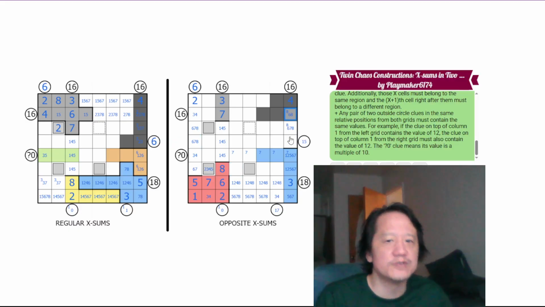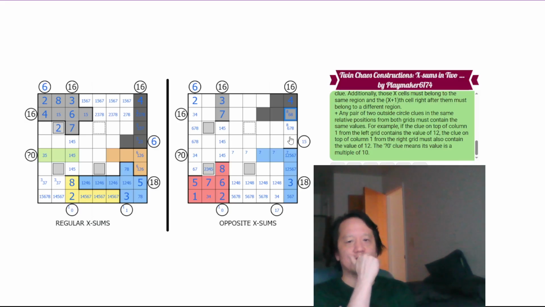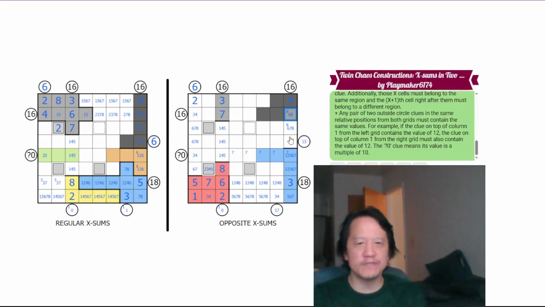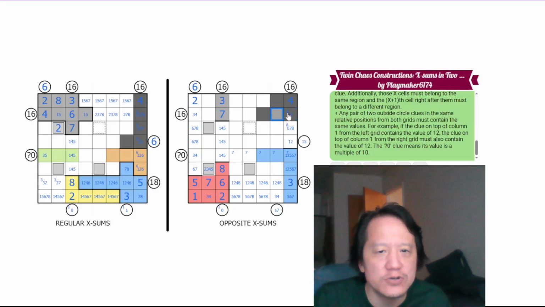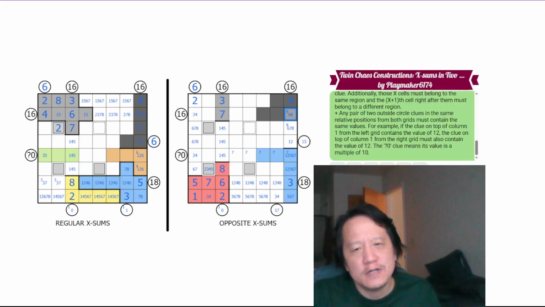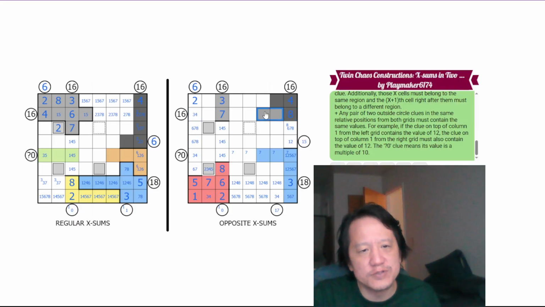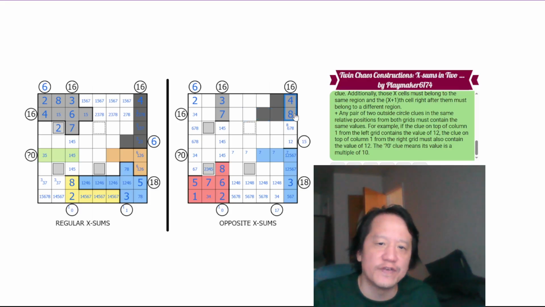We do know we have a 6 or an 8 there. That is interesting. Oh, 8's going to have this. No, 8 could be. So if this is 8, this has to be 3 digits adding up to 16. Because if you have 4 digits, now you do have a 5 available now.